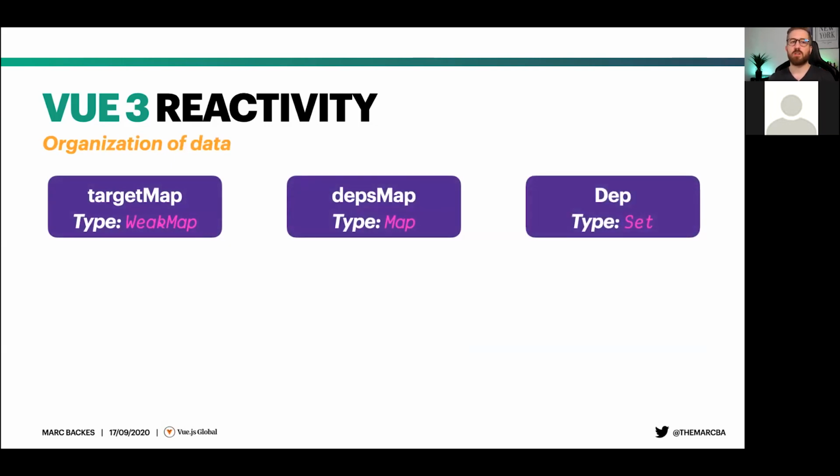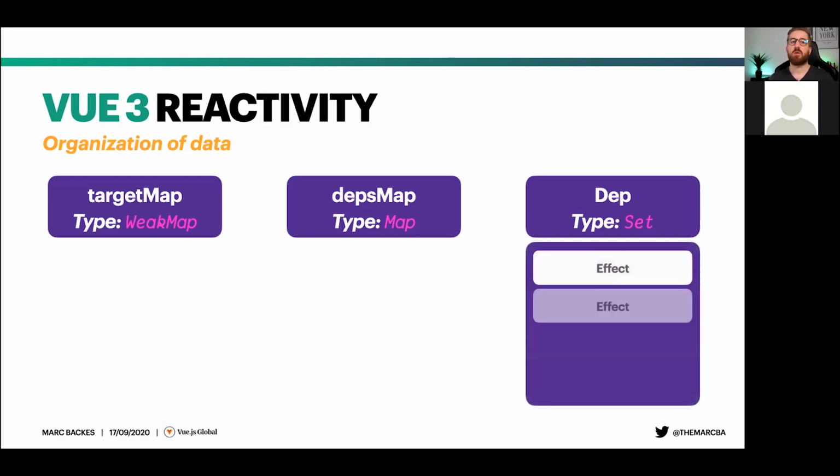So some words about the organization of data in Vue.js. We have the targetMap, which is a WeakMap, depsMap, which is a Map, and the dep, which is a Set. So we already saw this. The dep is not an array, it's a Set.